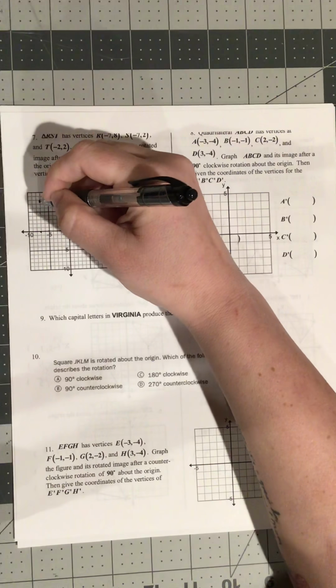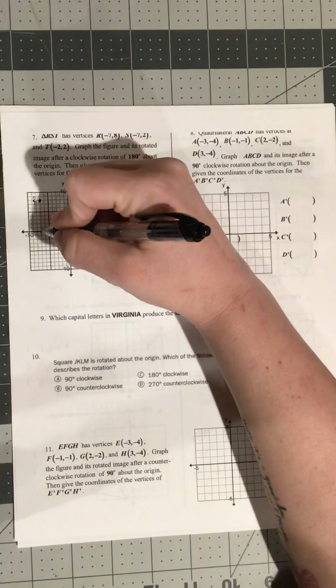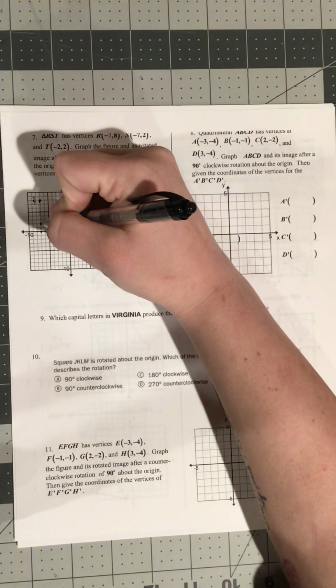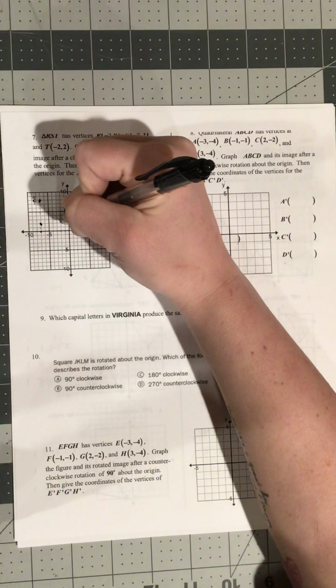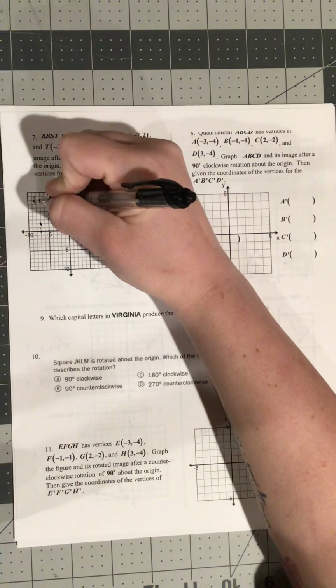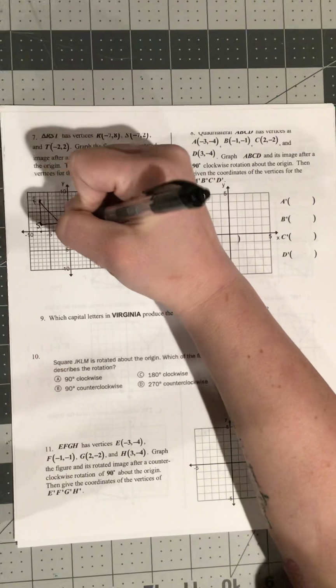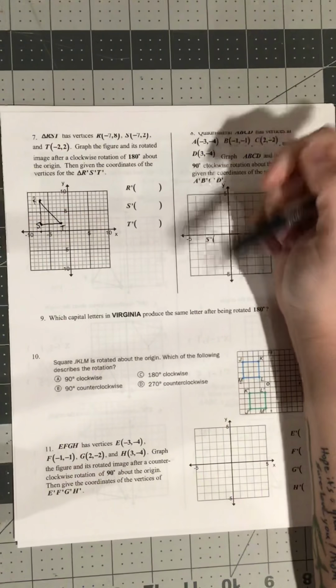So here's my first dot, which is R. And then -7 and up to 2. And -2, 2, and up to 2. So here's my triangle that they're giving us first. It's my RST.